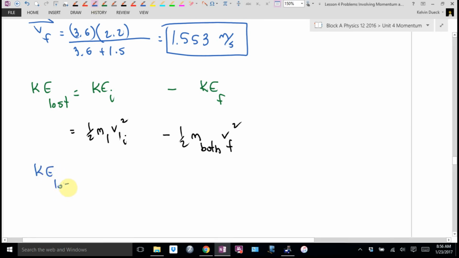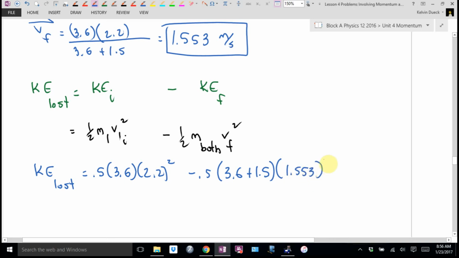The kinetic energy that was lost is going to be 0.5 times 3.6 times 2.2 squared minus 0.5, and then this is going to be 3.6 plus 1.5 times 1.553 squared.